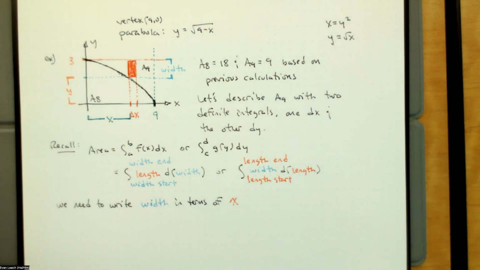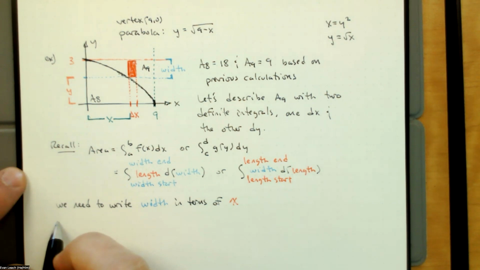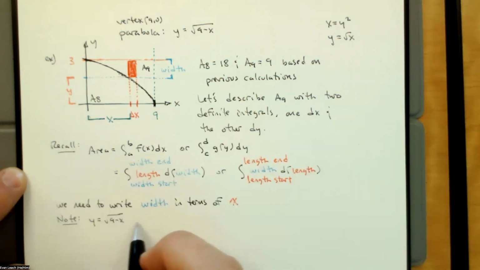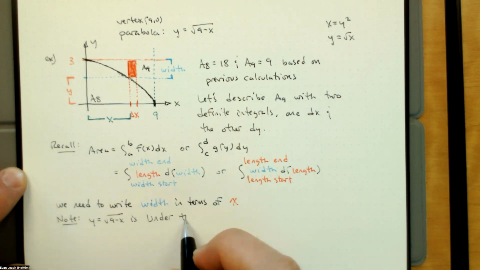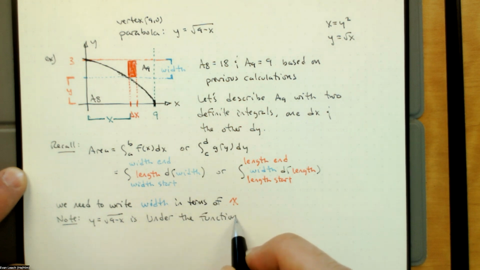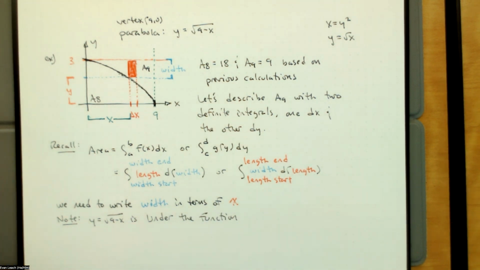Notice that I can't just use the function. y is equal to the square root of 9 minus x. Square root of 9 minus x is the amount under the function. I want the amount above the function and under the line y equals 3.